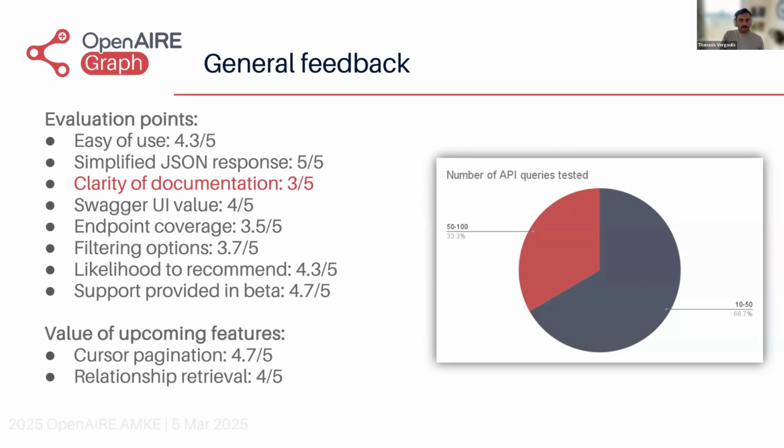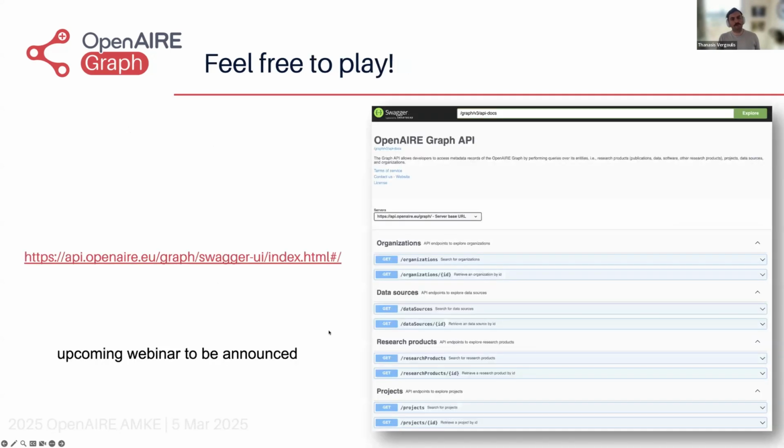But in general, it was evident that most of the beta testers that completed the questionnaire were satisfied by the new APIs. At that point, we didn't have the cursor pagination ready, and this was something that they had prioritized, and this is why we have released it after that. But also the relationship retrieval seemed to be important, and this is why we plan to release it very soon.